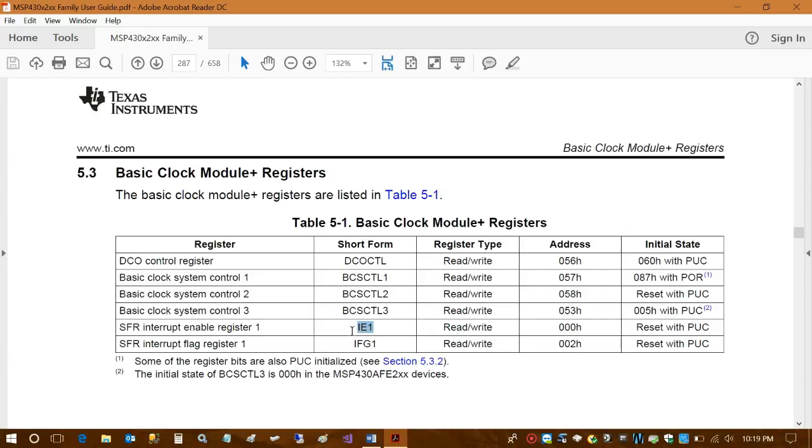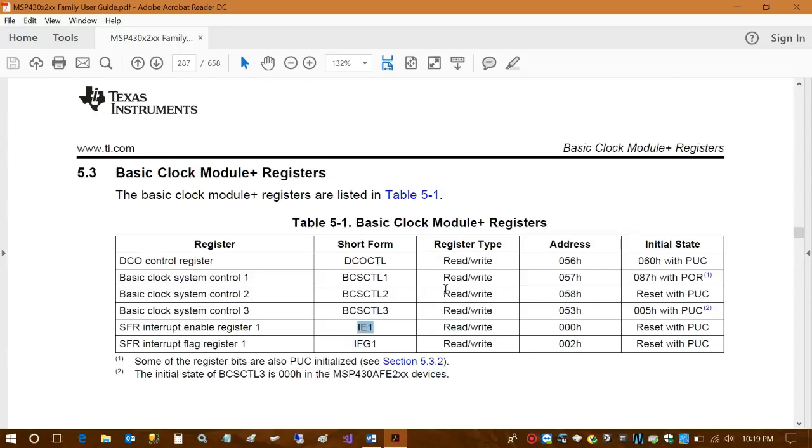Last but not the least, I am going to discuss with respect to MSP430G2553, which does not have an XT2. But for you guys who have a chip containing XT2, you can have a look at the XT2 library and the XT2 register functions. That would be great for you.